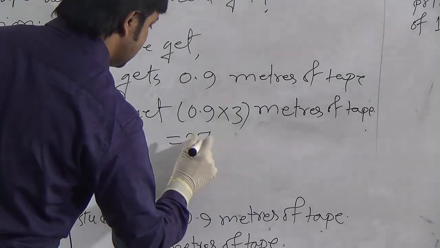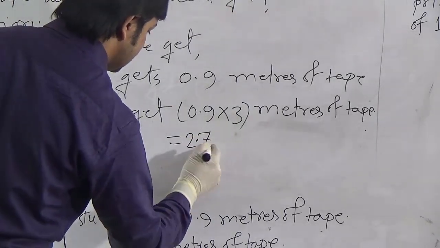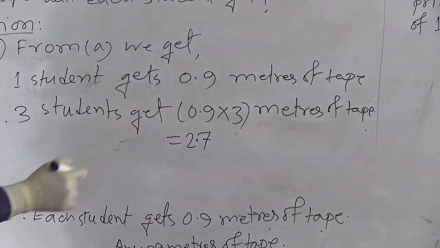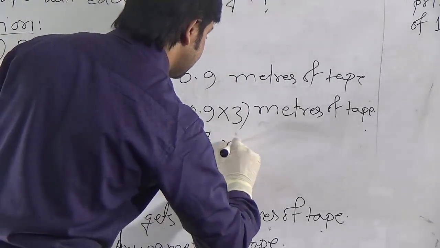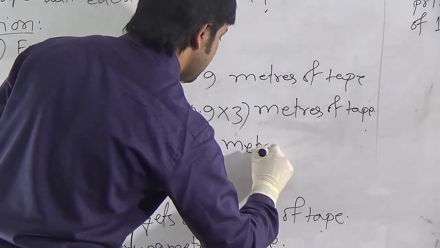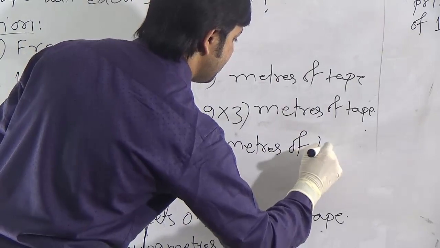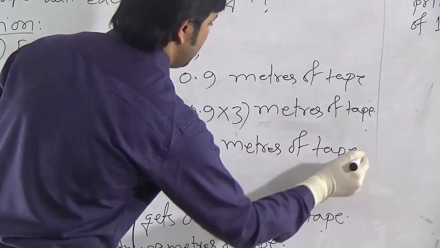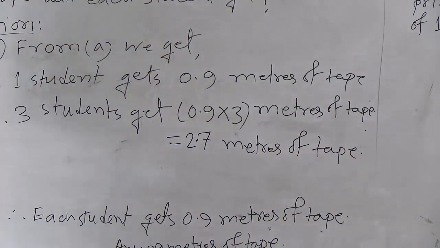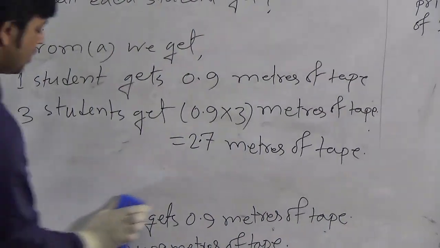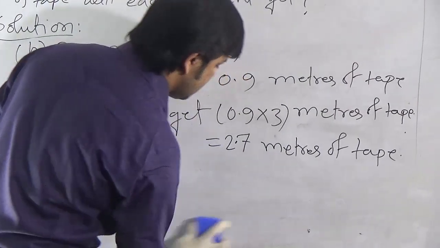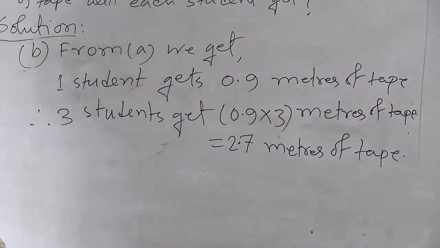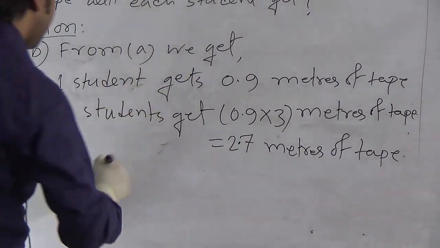So here will be the decimal. Only 1 digit left after 7. So this will be 2.7 meters of tape. So our required answer for question B is 2.7 meters of tape.